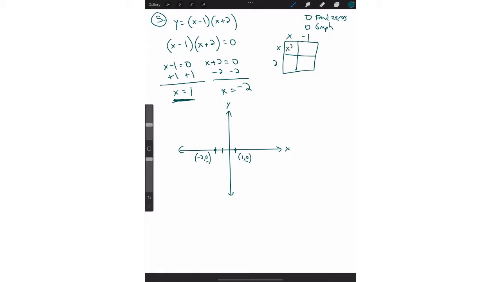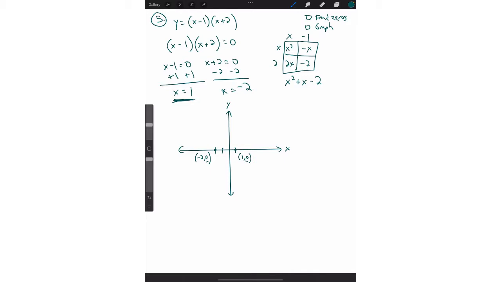If I say x squared, here's 2x, here's -x, here's -2, I'd get x squared plus x minus 2. All right? And from here, I found what my equation would actually be.